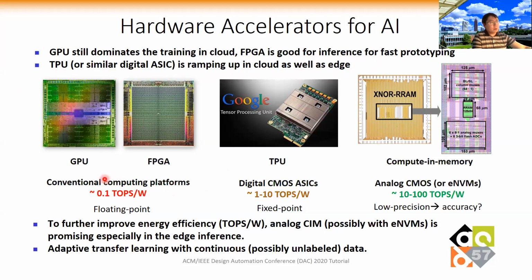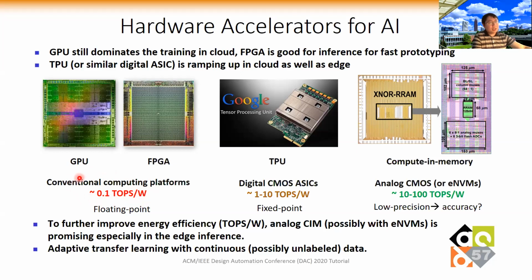If you look at those computing platforms here, we have a metric for the energy efficiency in tera operations per second per watt, which is essentially the throughput divided by the power. If you look at conventional computing platforms like GPU or FPGA, the best they can achieve is about 0.1 teraops per watt.